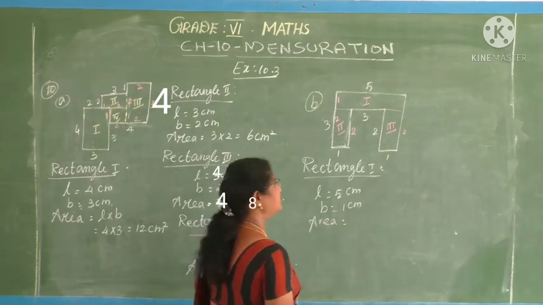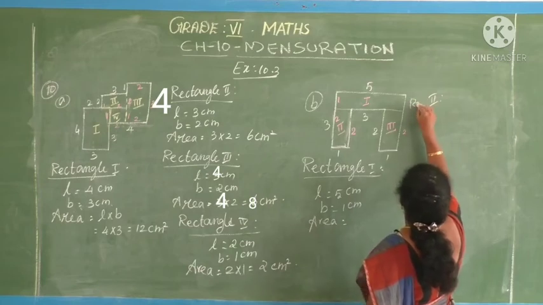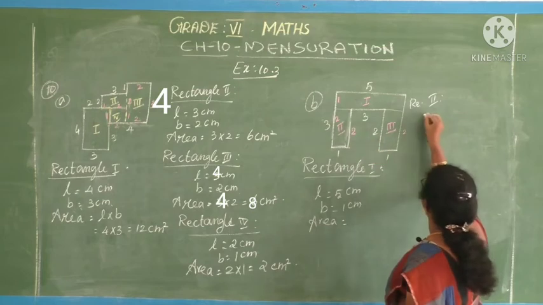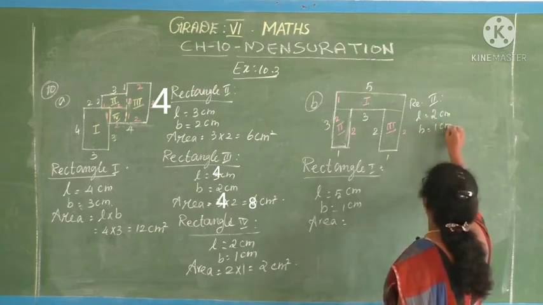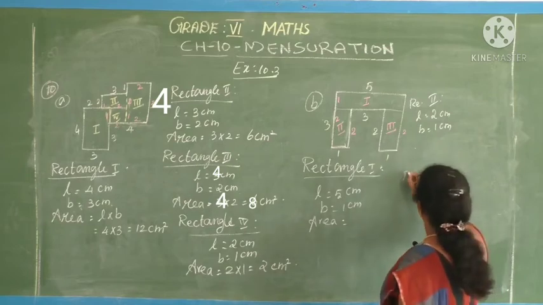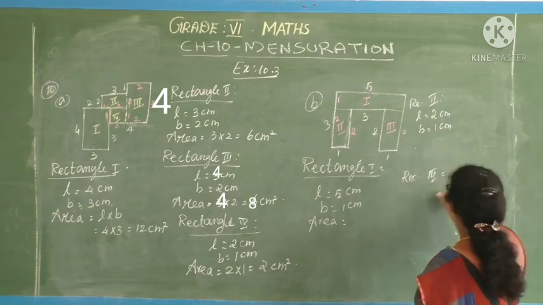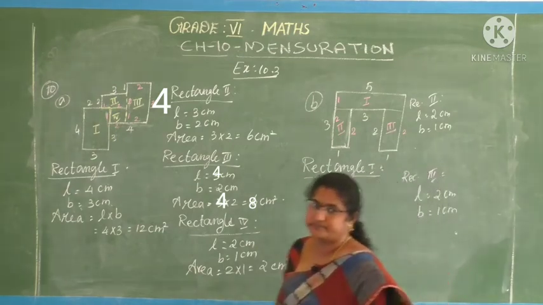Likewise, for rectangle 2, the length is 2 centimeter, breadth is 1 centimeter. Find the area. For rectangle 3, length is 2 centimeter, breadth is 1 centimeter. Find the area.